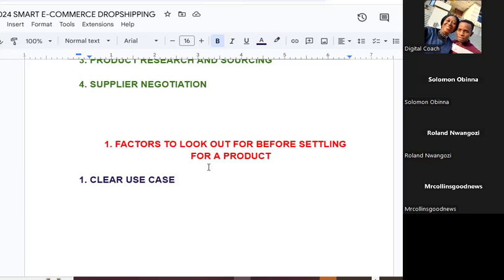That is scarcity. The product should be scarce. Whatever product you are trying to sell should not be readily available in local stores. For instance, you want to sell razor blade online. That would be a waste of energy.